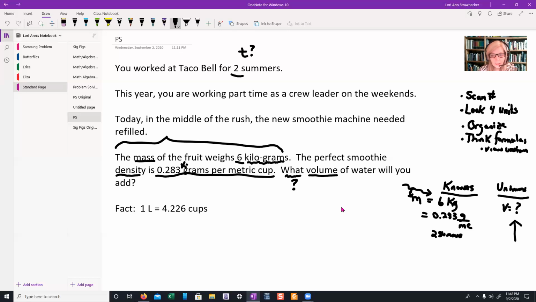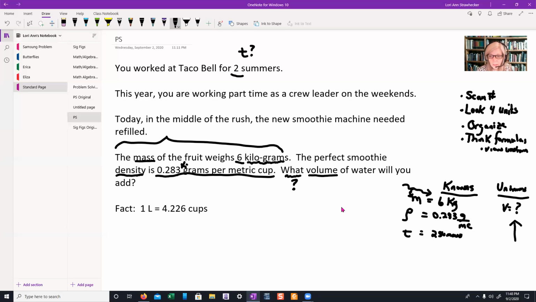And then the second sentence here, the perfect smoothie density is, oh, okay, it's telling me the density is this number. So I'm going to write my density like this. All right, so density is this particular number. And we have something about time. Time is 2 summers.